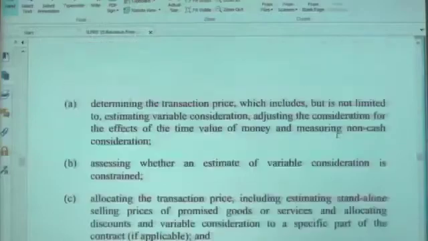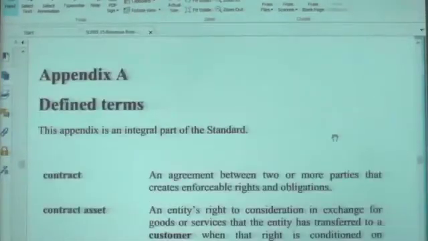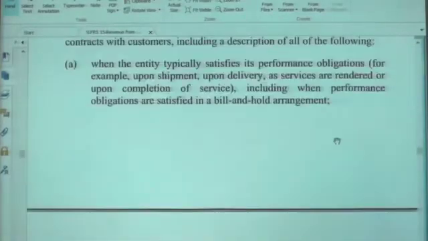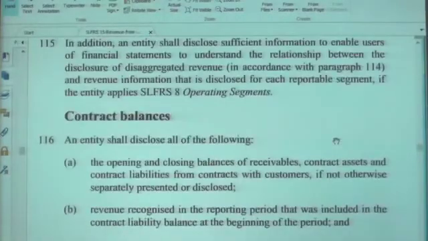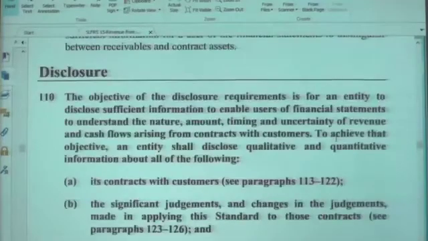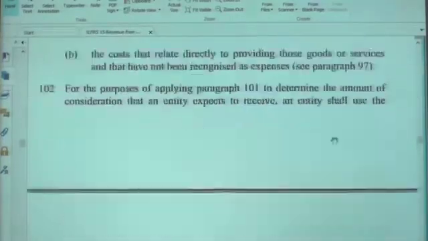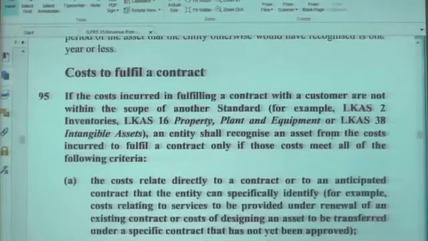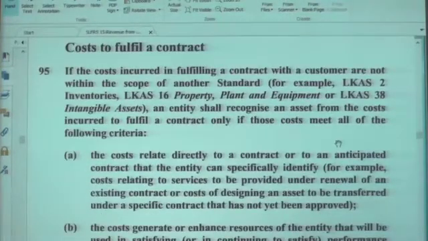Sorry, not 116, contract cost. Here, from paragraph 95 onward, right? Accounting for contract cost.